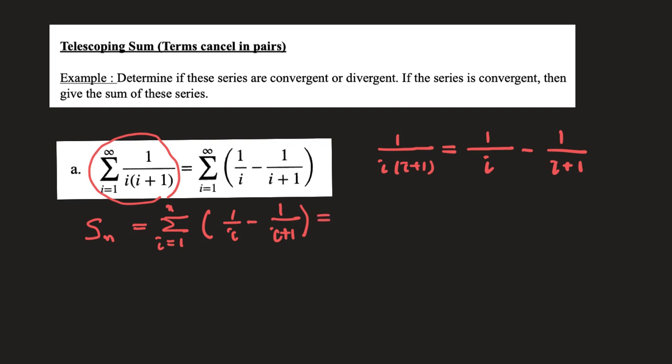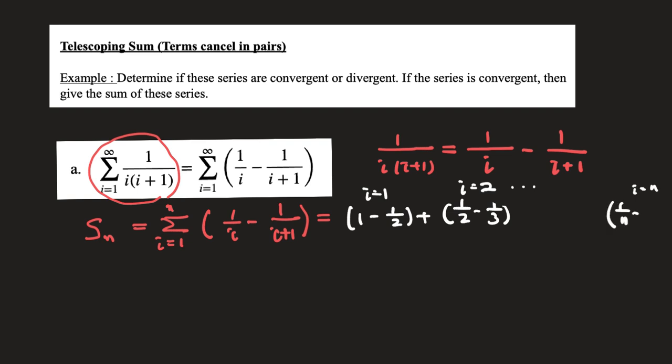Plug in each i value. i equal 1: 1 minus 1 over 2, plus i equal 2: 1 over 2 minus 1 over 3. Keep going until i equal n. That's the last term, right? That's 1 over n minus 1 over n plus 1.